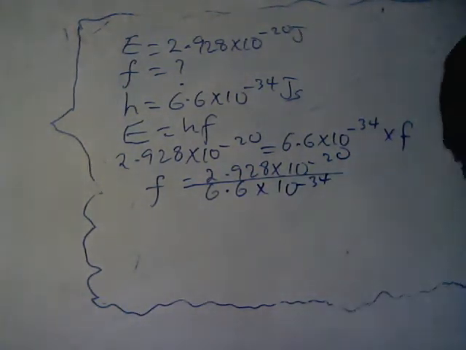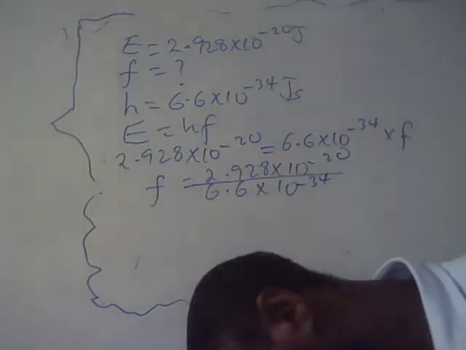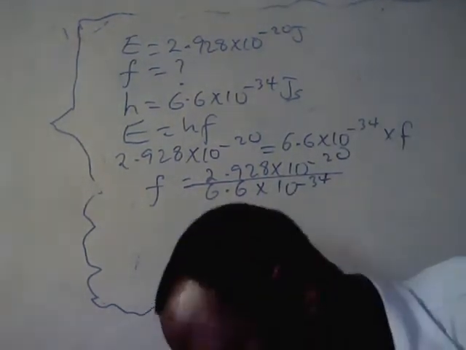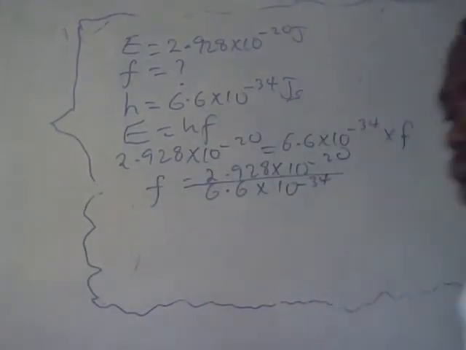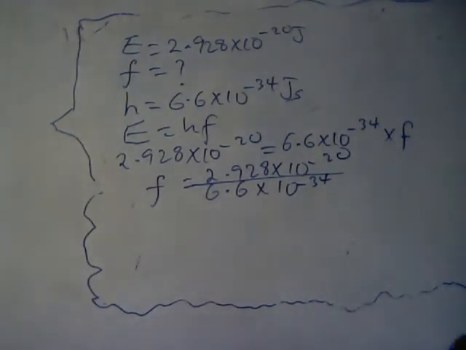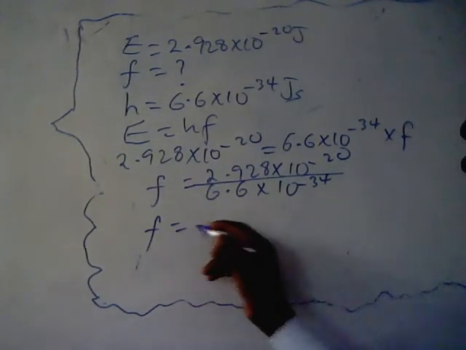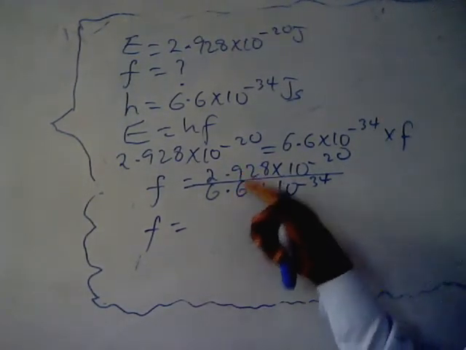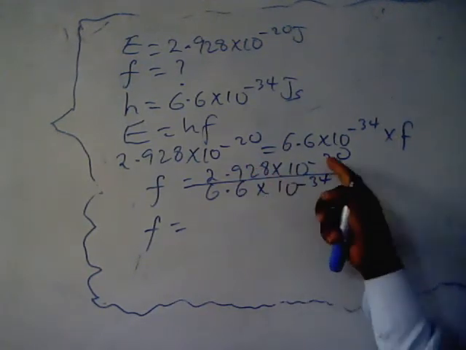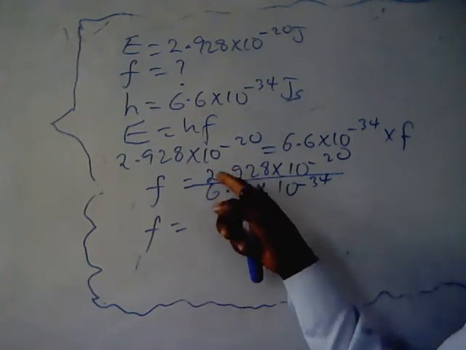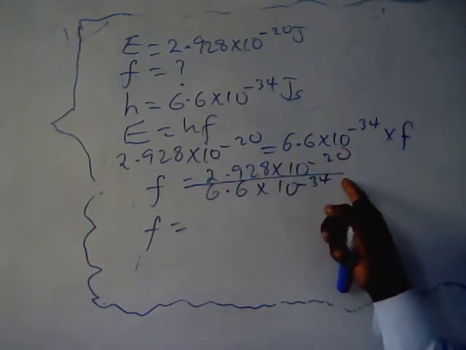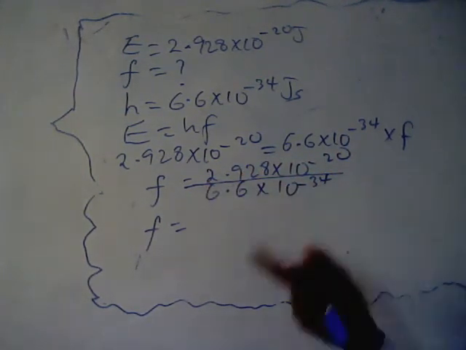When you use the calculator for that, I would like to divide these numbers first. If you want to use a calculator, you put the numerator in brackets, divided by the denominator in brackets.